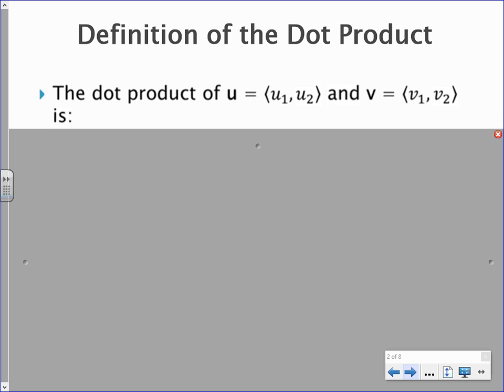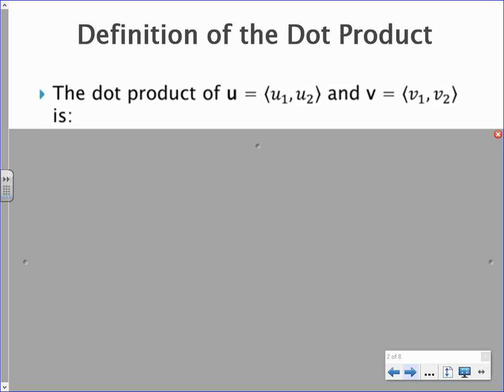So the dot product, we're going to take two vectors, u and v, and I would write them down as u1, u2, and v1, v2, so you can see what we actually do with each component of the vector. So our dot product, like growing up, you learned multiplication, like 1 times 2, you wrote like a little x, right?